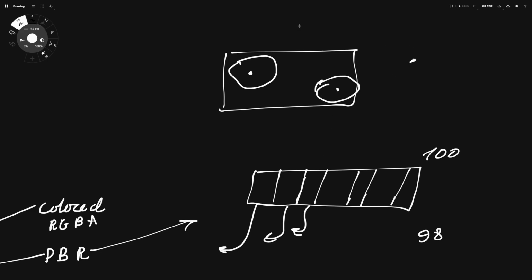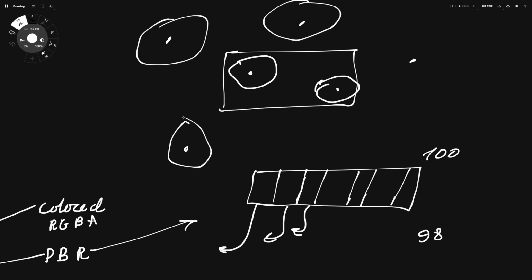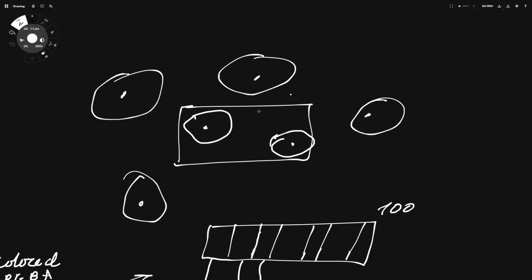And then there are some other lights that are far away from what we currently see, so we don't actually see any pixels that are inside of this effect area. So that's kind of an issue.